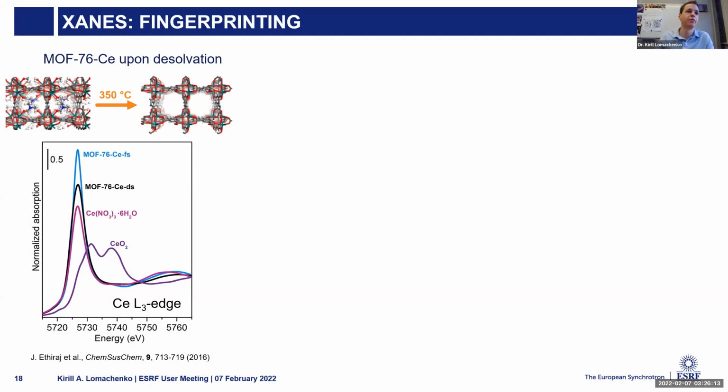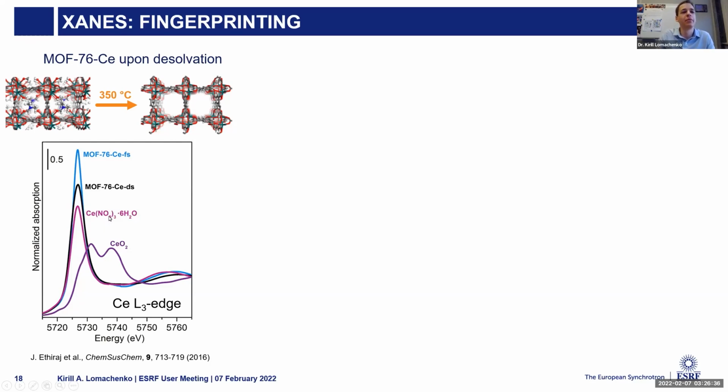So we can measure the reference spectra of cerium compounds of well-defined oxidation state. Like here you have the spectrum of cerium oxide and the spectrum of cerium nitrate. Cerium oxide is cerium 4+ and cerium nitrate is cerium 3+.